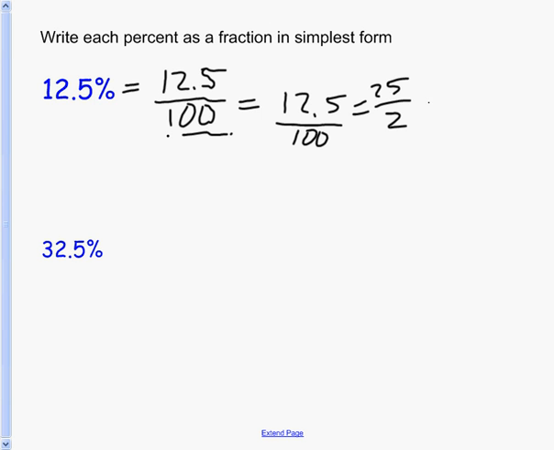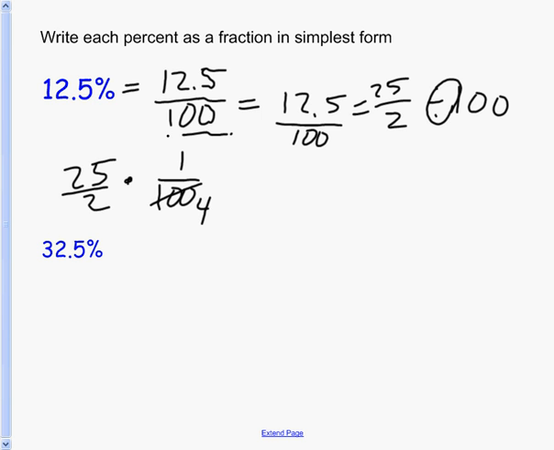We're still divided by 100, and now we're going to rewrite it as long form, 25 halves divided by 100. We're switching to multiplication now by flipping it over. And our 100 will become 4 since our 25 is divisible by 25 and our 100 is divisible by 5. We then get 1 times 1 over 2 times 4 is 1/8.